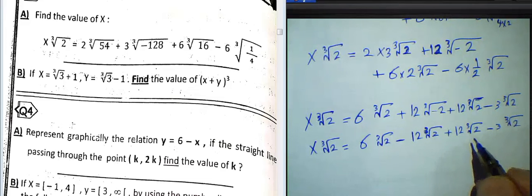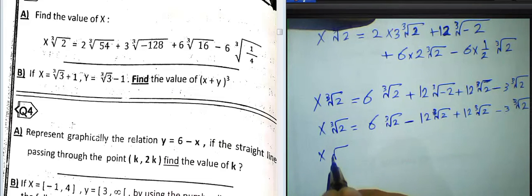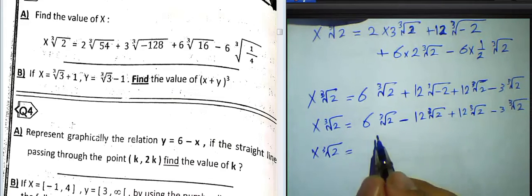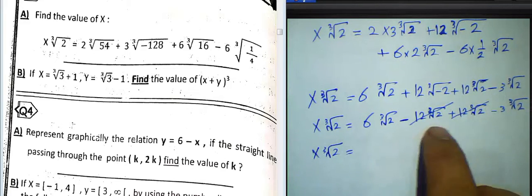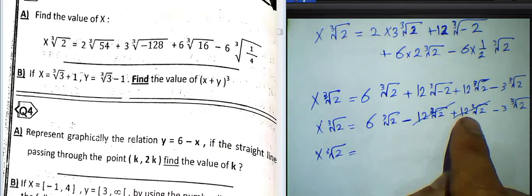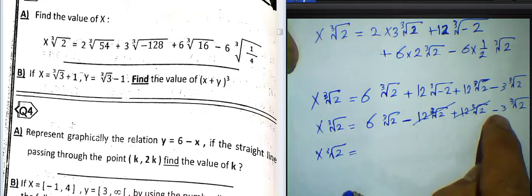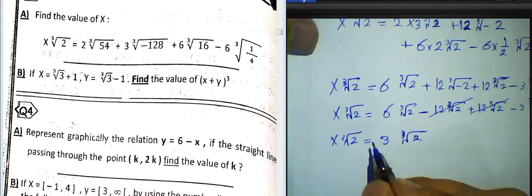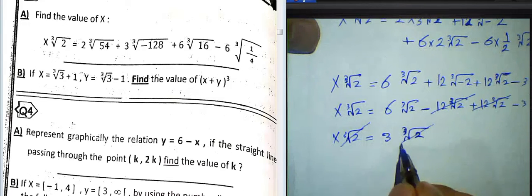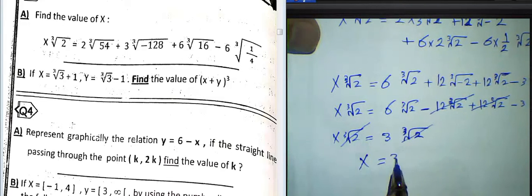We can simplify: 6 plus 12 minus 3 equals 15 cubic root of 2. So we can cancel cubic root of 2 by cubic root of 2, then x will be equal to 3 in this example.